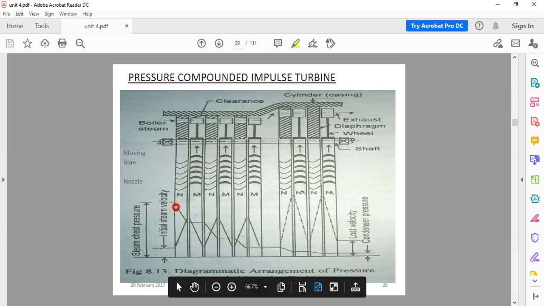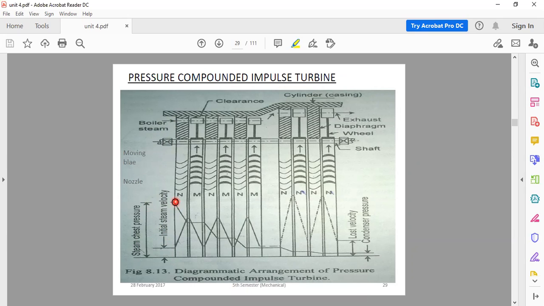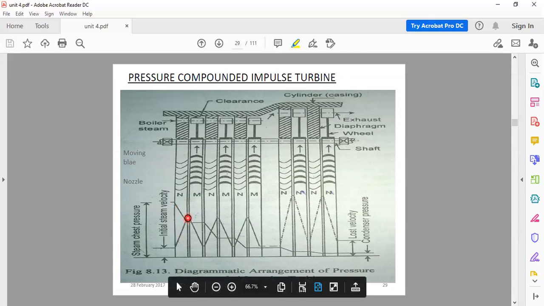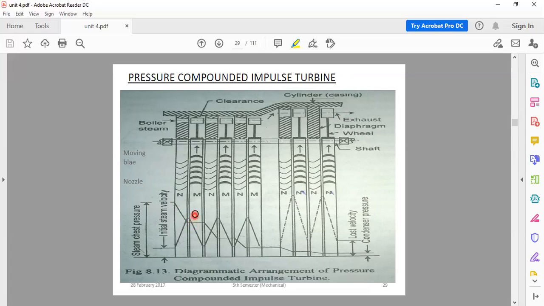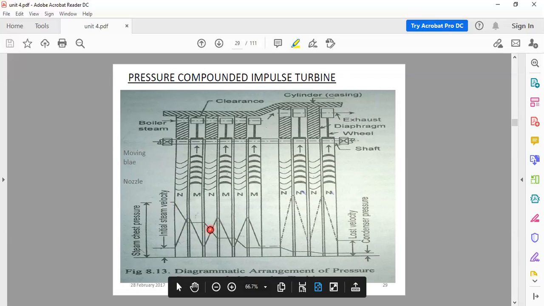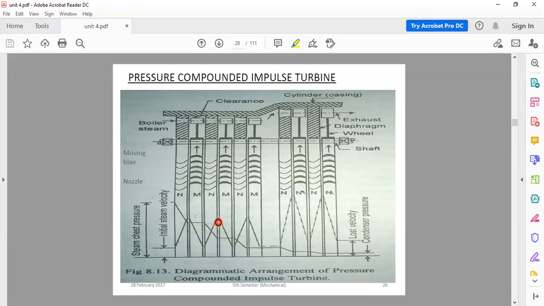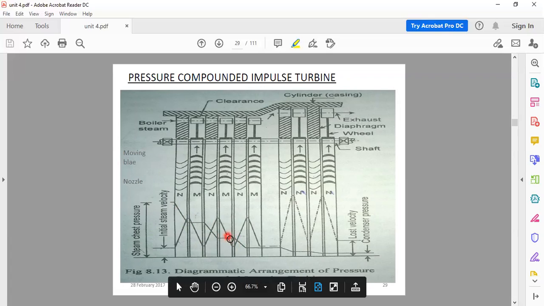After the steam passes through the nozzle, pressure drops and velocity increases. After that comes the moving blade. In the moving blade, pressure is constant and velocity decreases. In the nozzle, velocity increases and pressure decreases. In the moving blade, velocity decreases and pressure is constant. The same process continues.